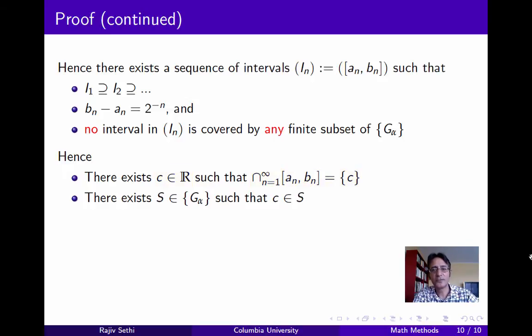Now, since G alpha is an open cover for the unit interval, there must exist at least one set S in this collection that covers c.